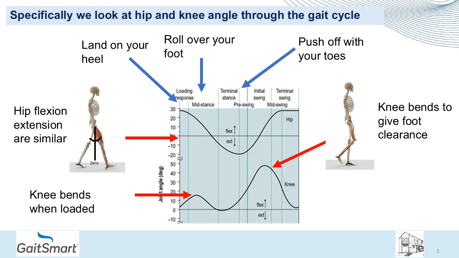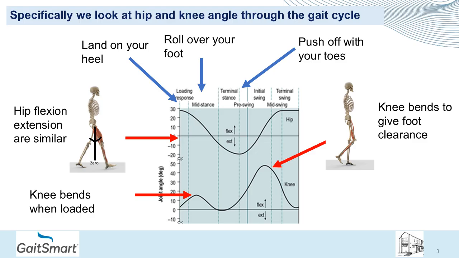Our knee, we bend it when we load it, and we bend it when we move under the body. The bending when we load does two things. It keeps our center of gravity at about the same place, and it takes the impact from the heel strike out of the joints.